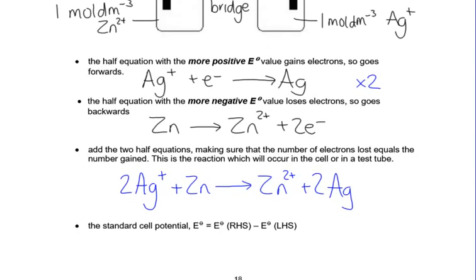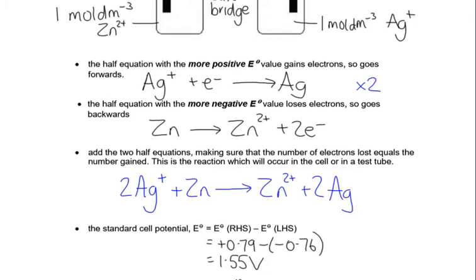What would be the electrode potential? So right hand side minus left hand side, plus 0.79 minus 0.76. This is a 1.55 volt battery. So we've used the values given in the electrochemical series to predict what reaction would happen when we connect those two together.